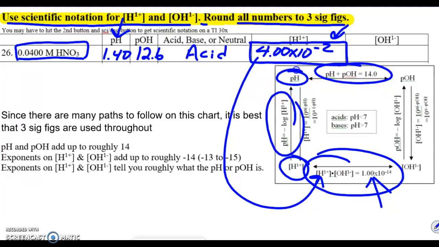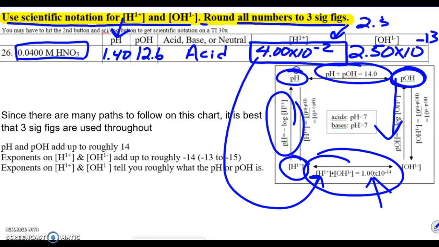Now, depending on how you go, you could get 2.50 times 10 to the negative 13th, or if you were up here and you got your POH and you decide to go down, you would get 2.51 times 10 to the negative 13th. Either one is fine, and we'll give you multiple answers on the answer key depending on which way you use this chart.